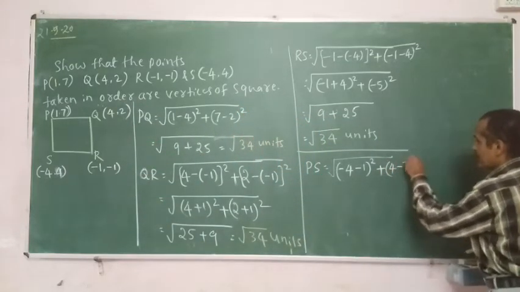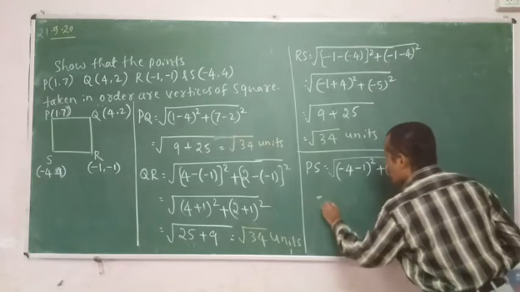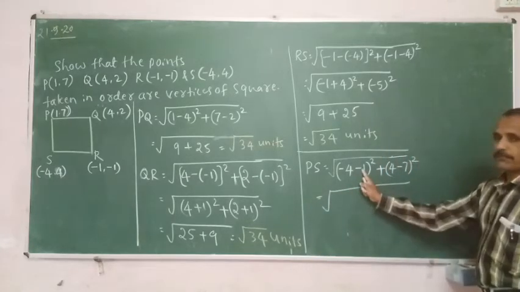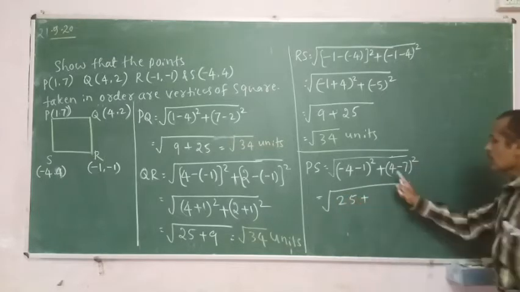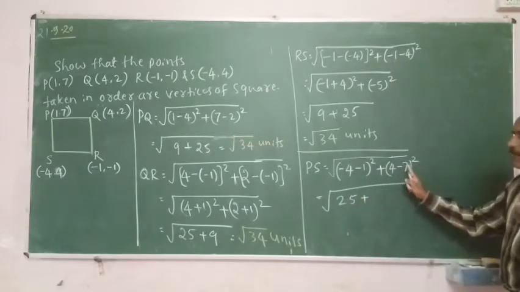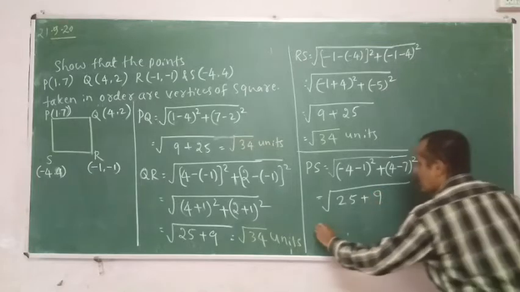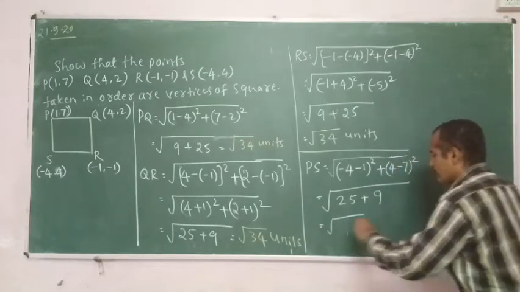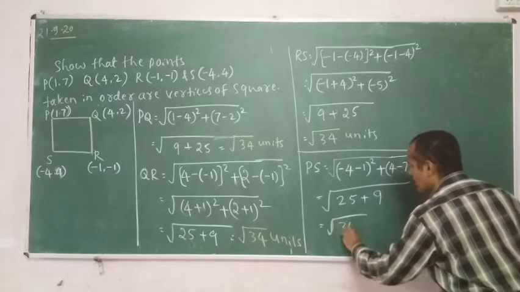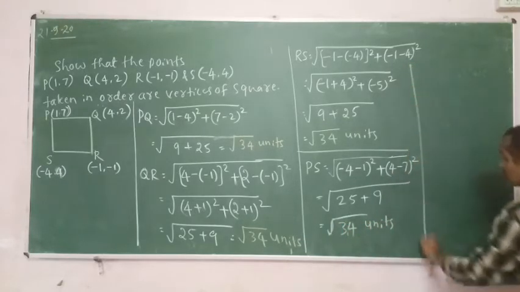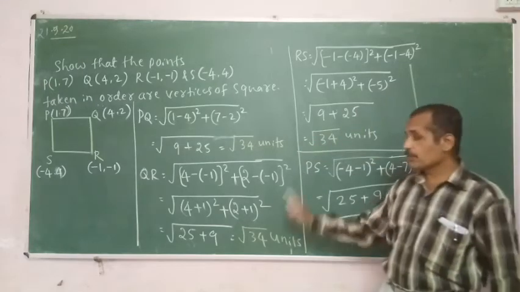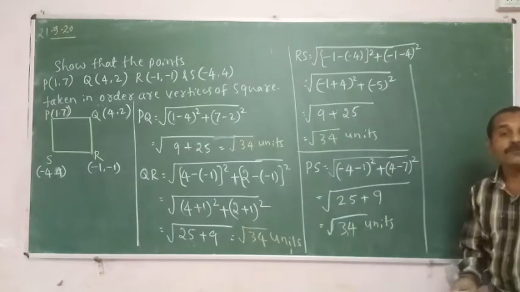Minus 5 square is 25, plus minus 3 square is 9. The answer is square root of 34 units. All four sides are equal to each other: root 34, root 34, root 34, root 34.